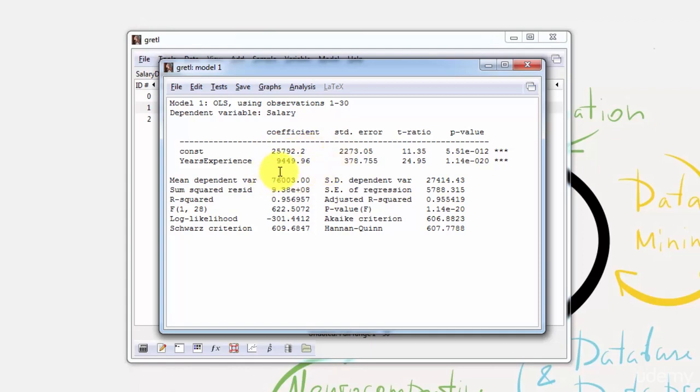And then the coefficient for years of experience is $9,449.96. What does that mean? Well, that means that for every 1 year increase in experience, the salary goes up by $9,449.96 in the modeled world.